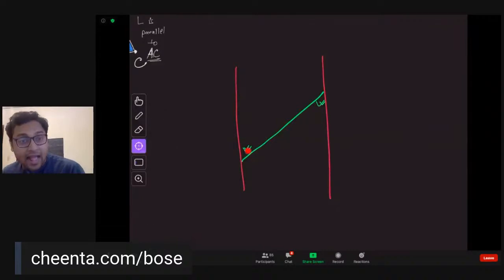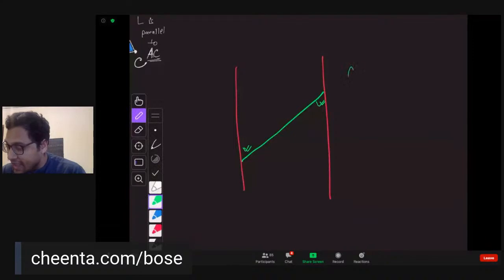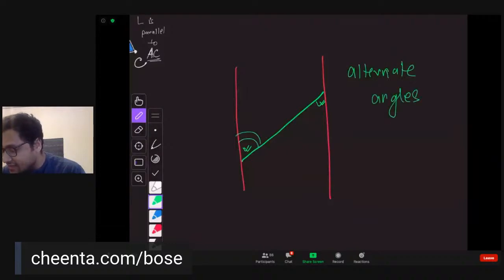These are sometimes known as alternate angles. So right here, this angle is equal to this one.